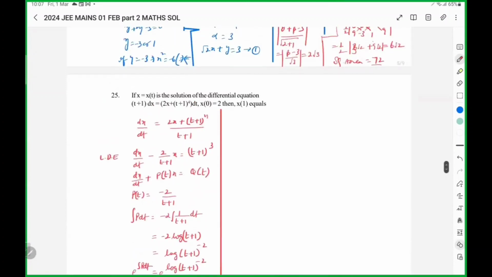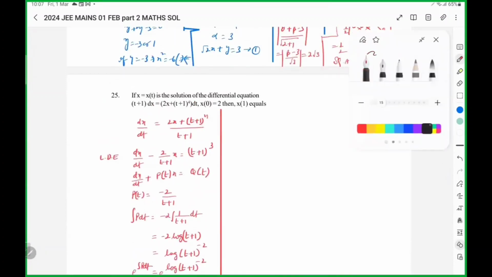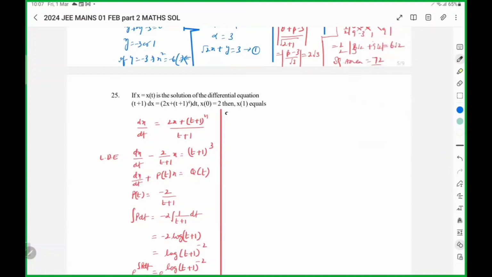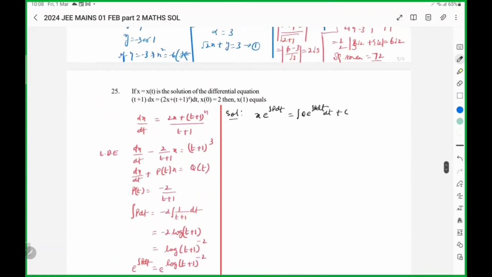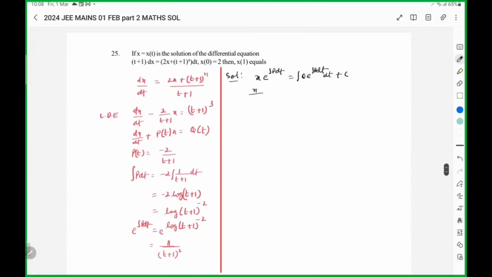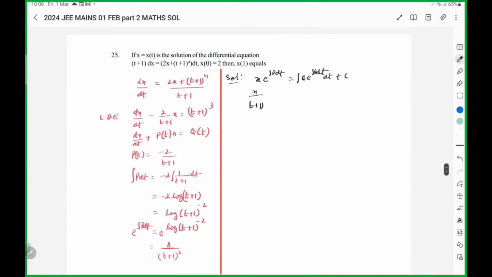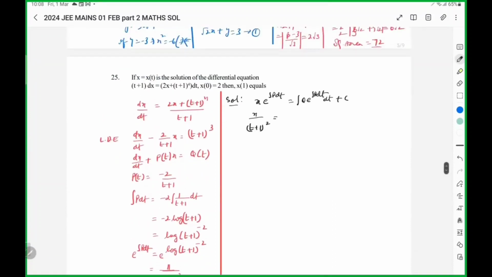Solution will be x for integral p dt is x by (t plus 1) whole square.